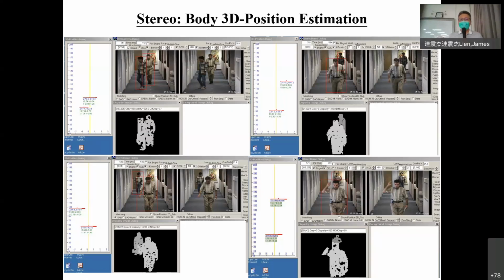Holes mean they cannot find a corresponding point. Why? Because there's no texture. If there's no texture, you cannot find a corresponding point.